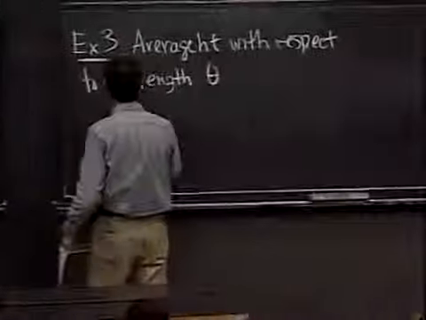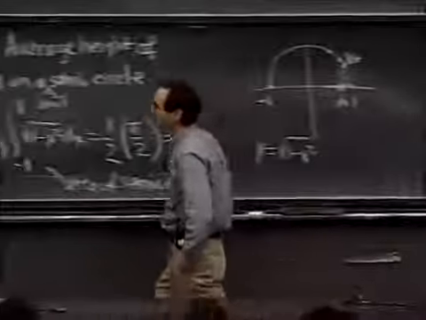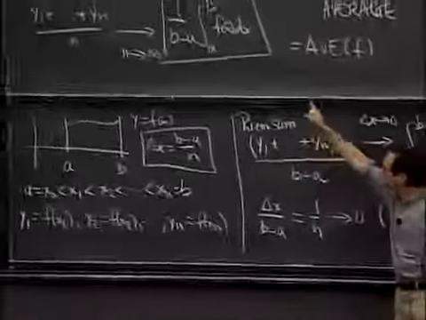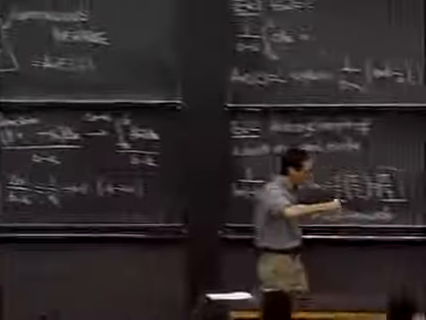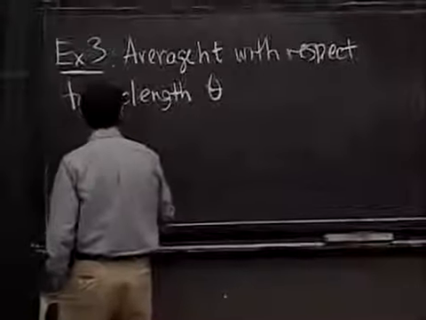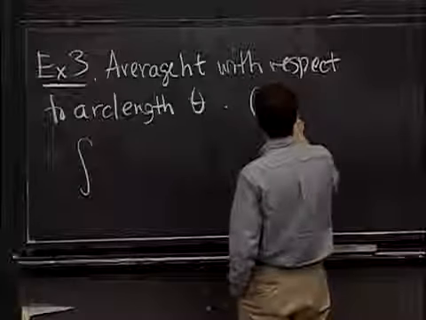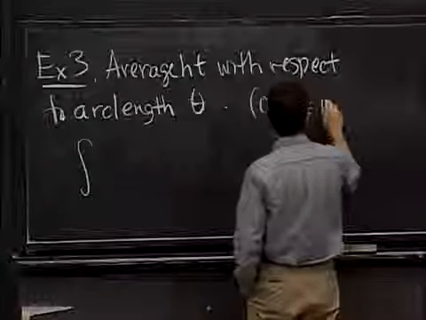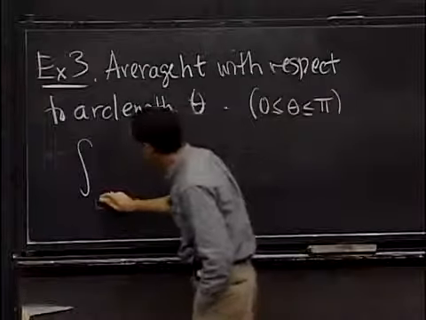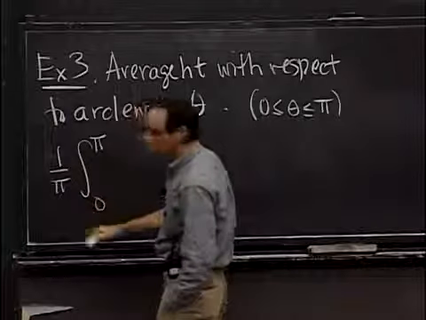Now let's set up the integral. The integral follows the same rule. It's just 1 over the length of the interval times the integral over the interval of the function. It's the integral, but now where does theta range? This time theta goes from 0 to pi. So the integral is from 0 to pi, and the thing we divide by is pi.